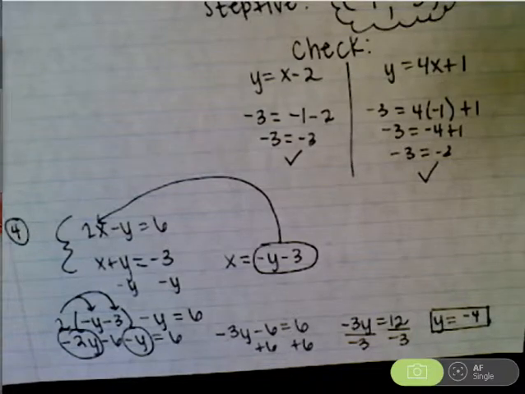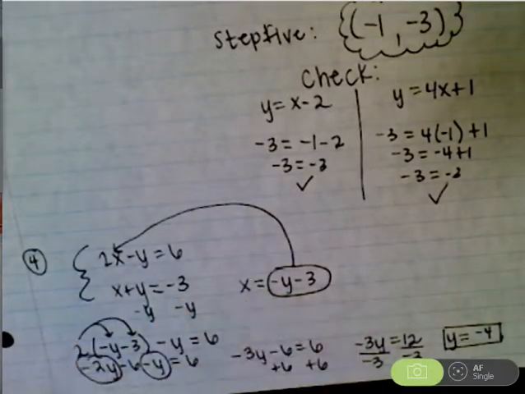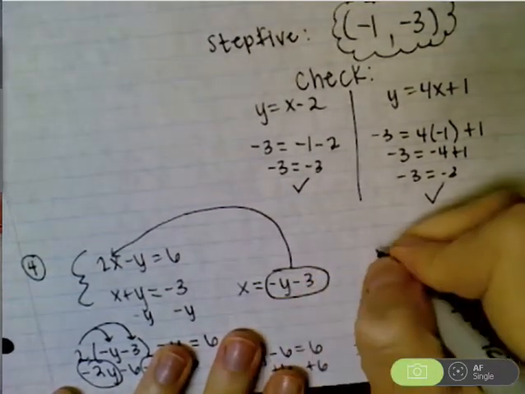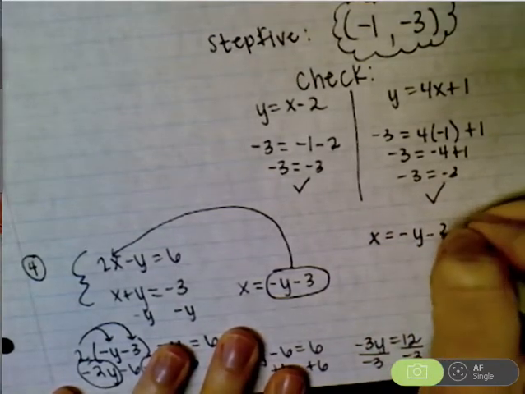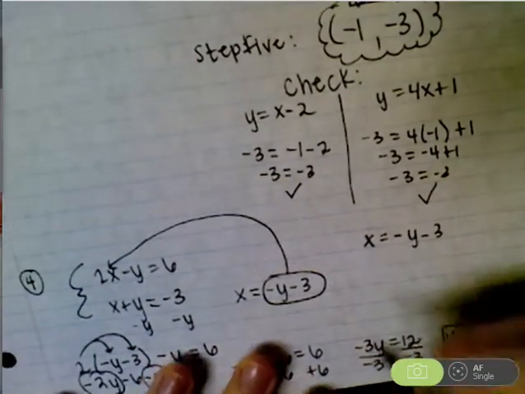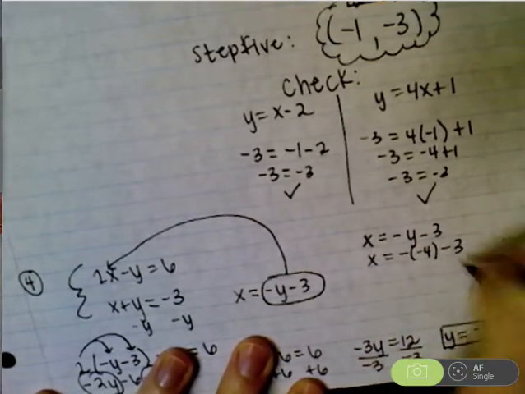Right. Now I need to plug it in. So I can really plug it in anywhere. But I need to plug in -4 for y to solve for x. So we'll plug it in here. If x equals -y minus 3, then that means x equals -4 minus 3.